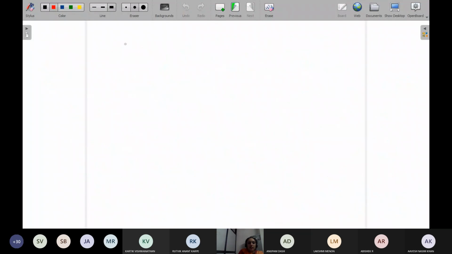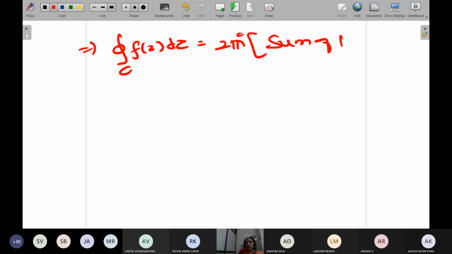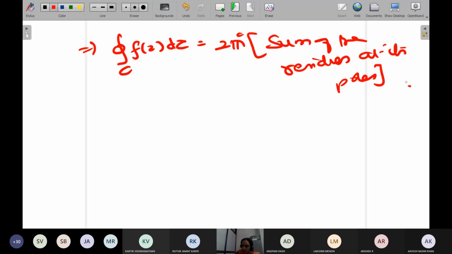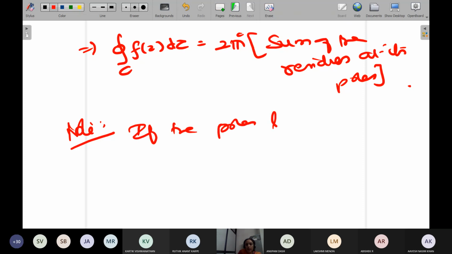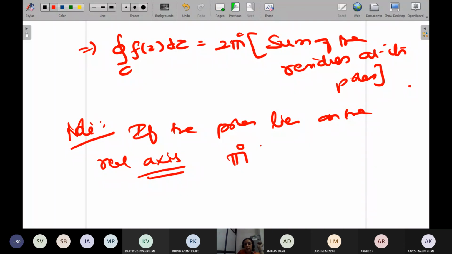We can even rewrite this as: closed integral f of z dz will be equal to 2 pi i into the sum of the residues at its poles. You can make a note here itself. If the poles lie on the real axis, it will be pi i into the sum of the residues at its poles.